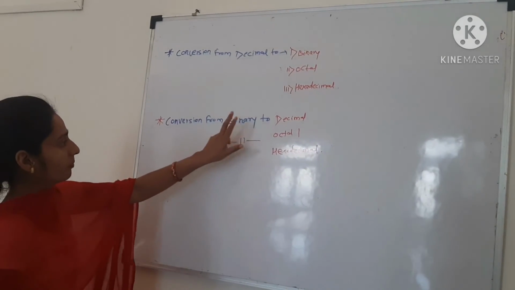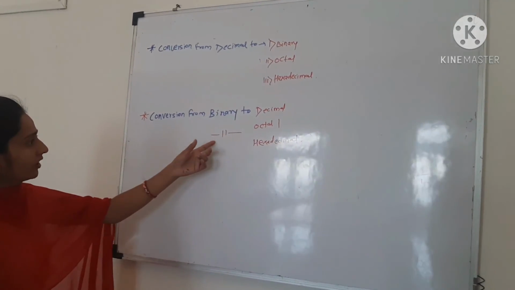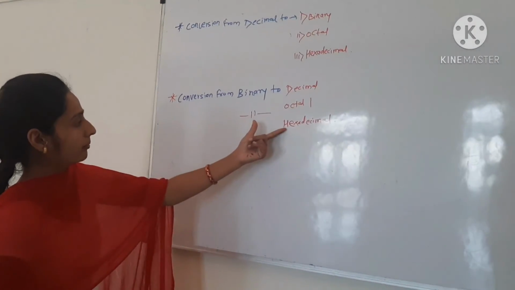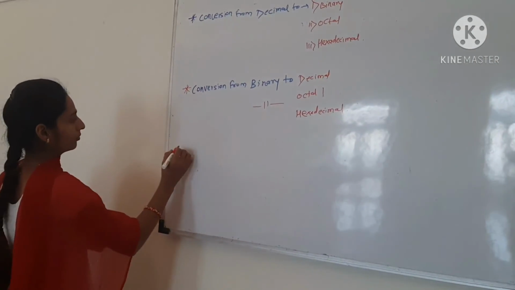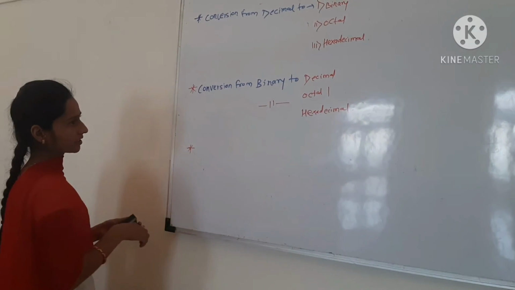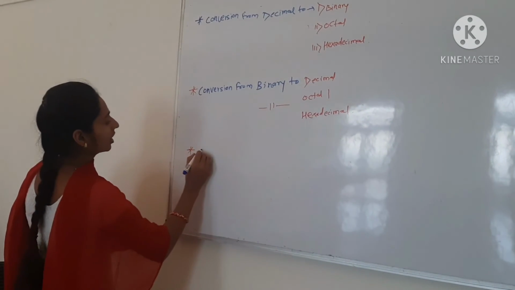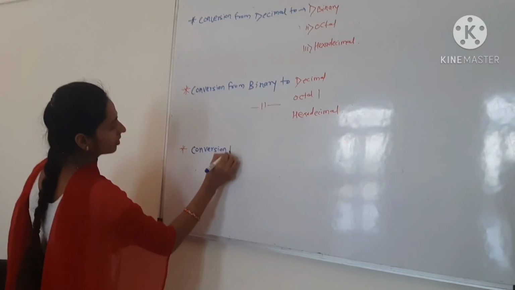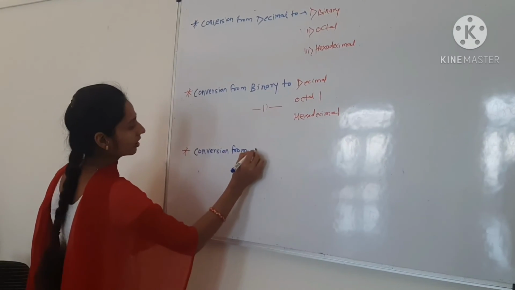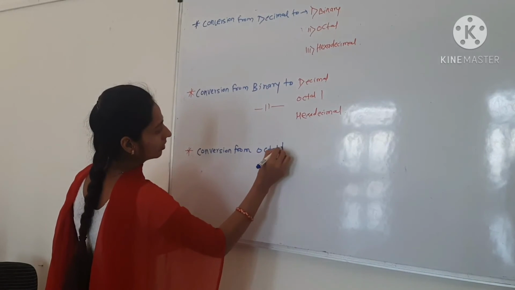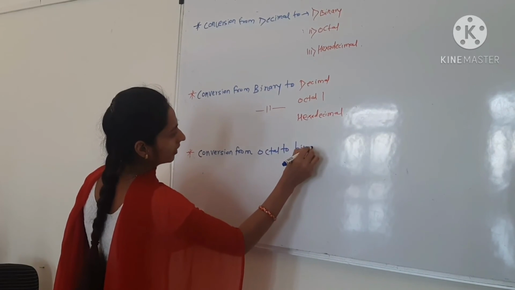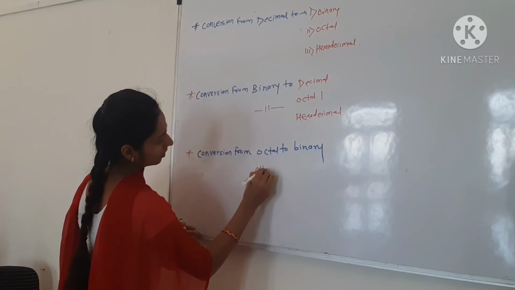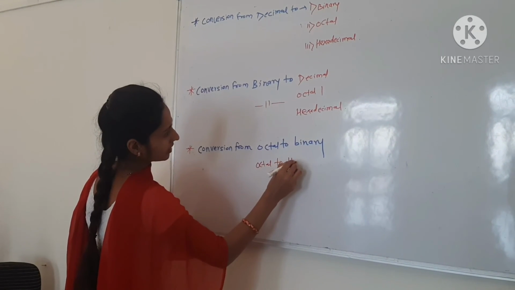Here we take powers of 8, and here we take powers of 16. And from today's or yesterday's lecture we have completed conversion from octal to binary and octal to hexadecimal.